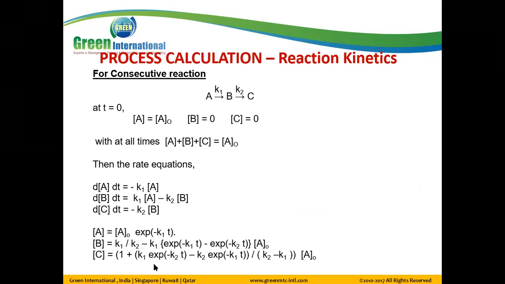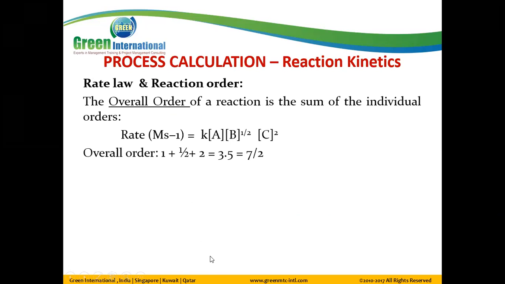If it is a consecutive reaction, that means A gives B, B gives C, then we can say A plus B plus C is equal to A naught. The overall order of reaction is the sum of individual orders. For example, if I have any reaction rates, you can add them together and you will get the overall rate of reaction.